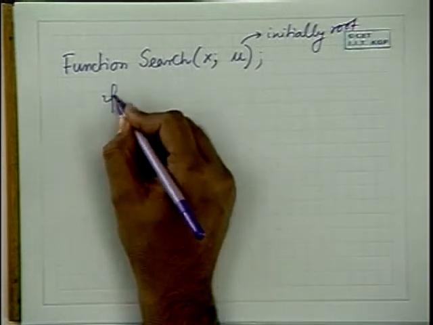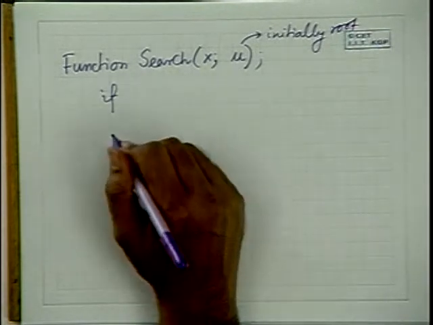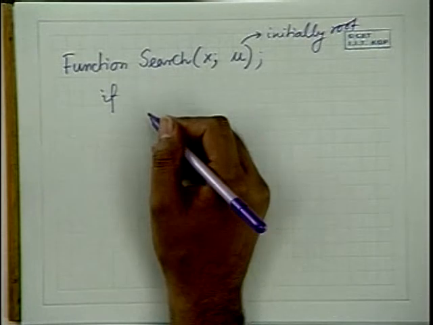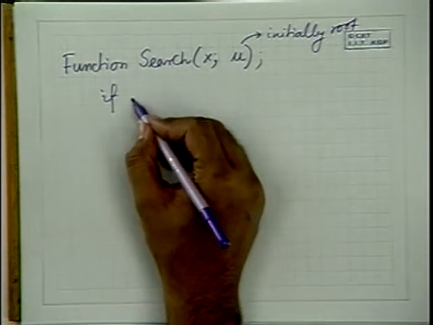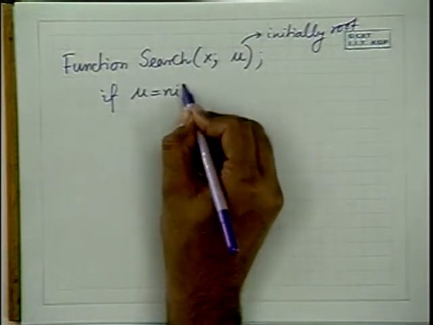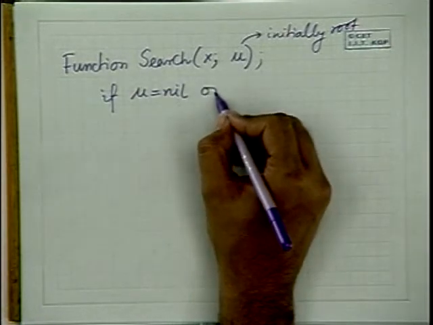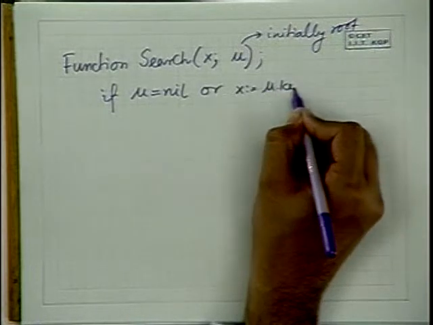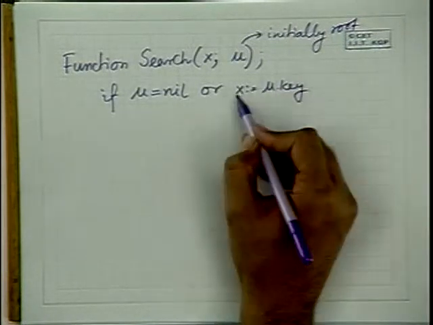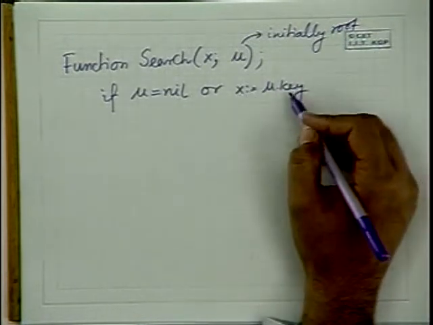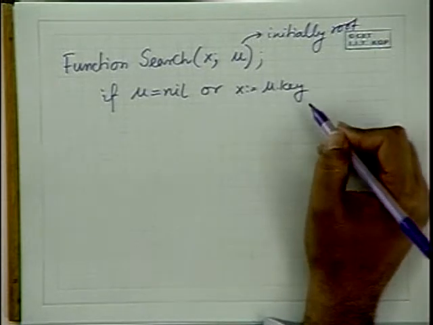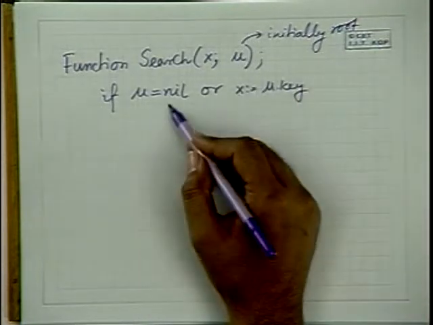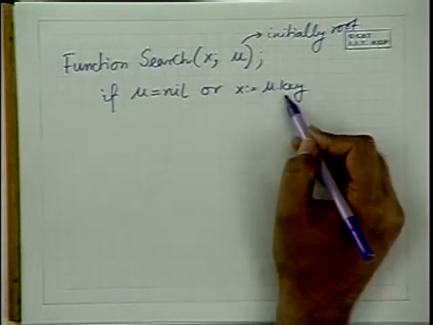Okay. So what do you do first in any recursive call, as we know? First you have to check the boundary condition. If mu is equal to nil or x is equal to mu dot key, basically you have found it. In both these cases you have to quit this algorithm. In the first case that means you have not found it. In the second case you have found it.